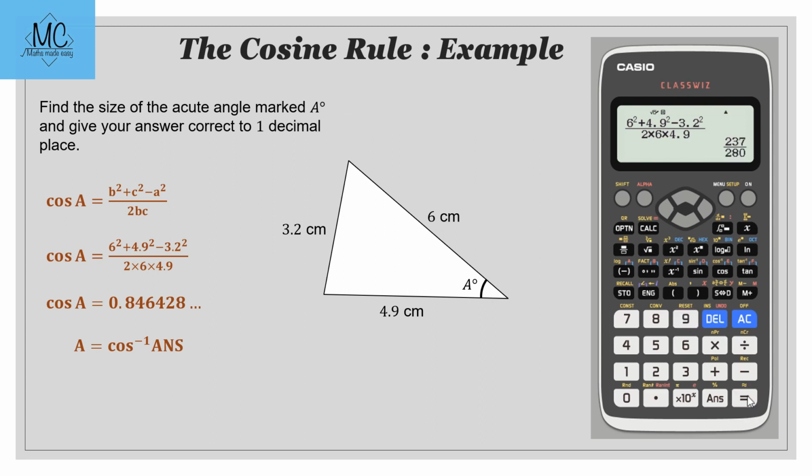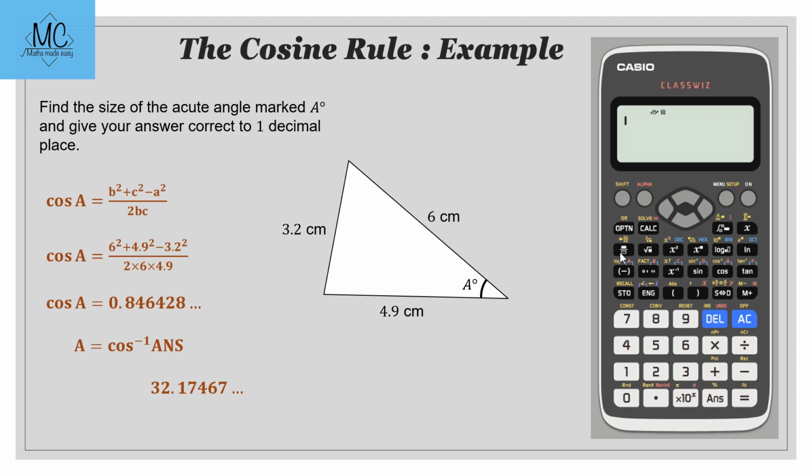When you get the answer, you'll get it in the fractional form, and then you have to press SD to get the answer. Okay, now because there is a cosine reciprocal, you have to press shift then cos, and you'll get the reciprocal of it, and then you multiply the answer given to you, and the answer which you'll get here is 32.17467, and so on.